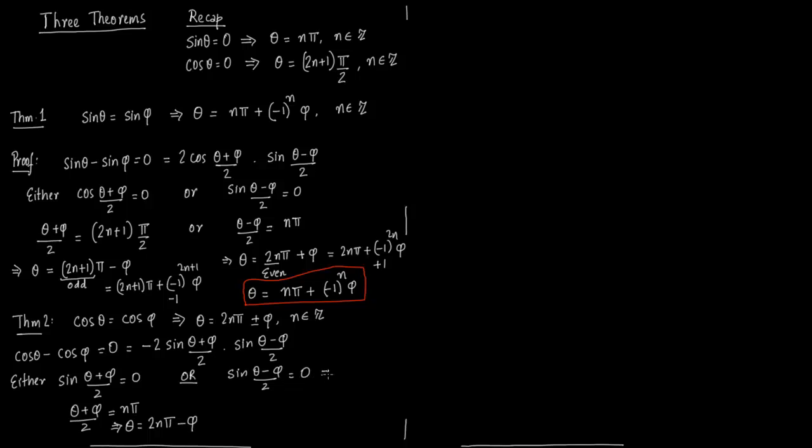Here again, this would imply theta minus phi by 2 is equal to n pi. That implies theta is equal to 2n pi plus phi. So you combine both these results, just like in theorem 1, you combine both the thetas. You get theta equals 2n pi plus minus phi.